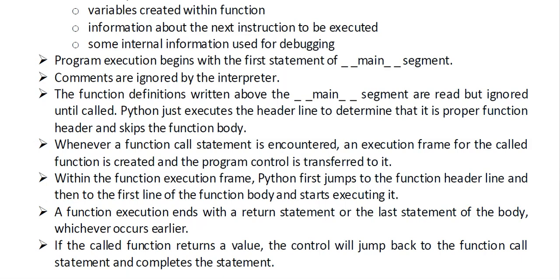The execution starts from the first statement of the main part. Python just executes the header line to determine that it is a proper function header and skips the function body. It will just read the first line, which has the colon sign, and check that it is okay. If the syntax is okay, it will jump to the next definition. It will not read the function body.